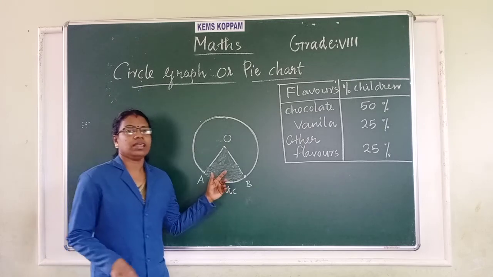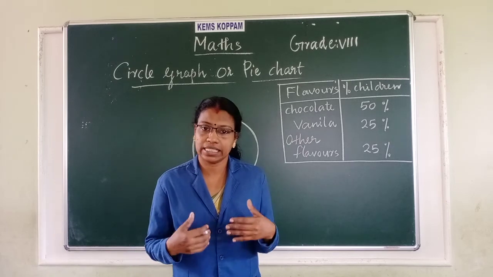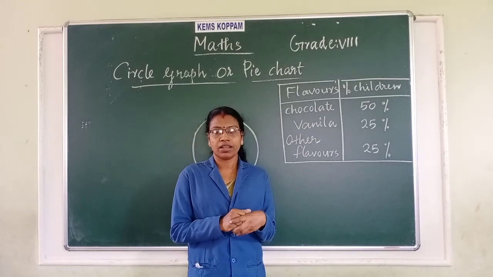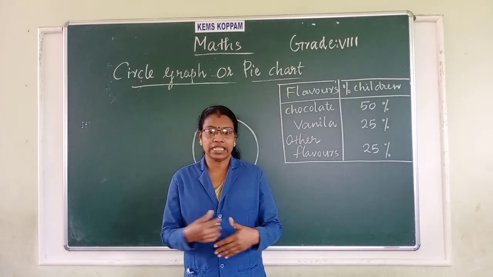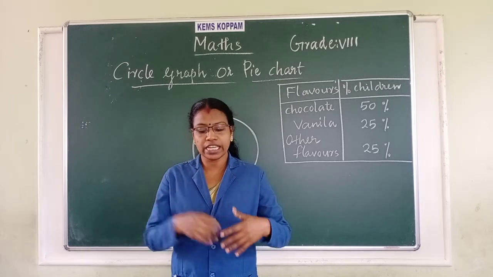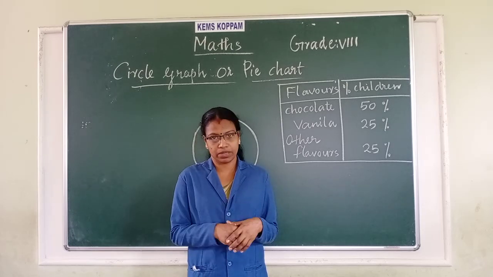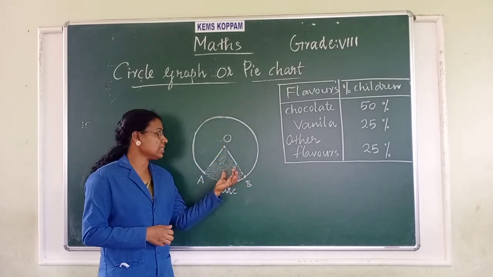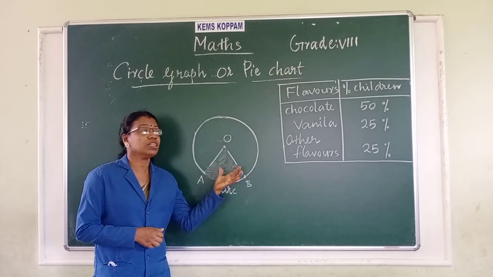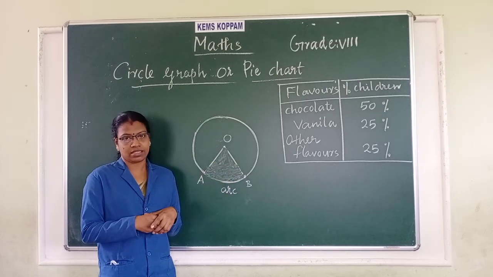In a circle graph, the whole circle is divided into sectors. The size of each sector is proportional to the activity or the information it represents.